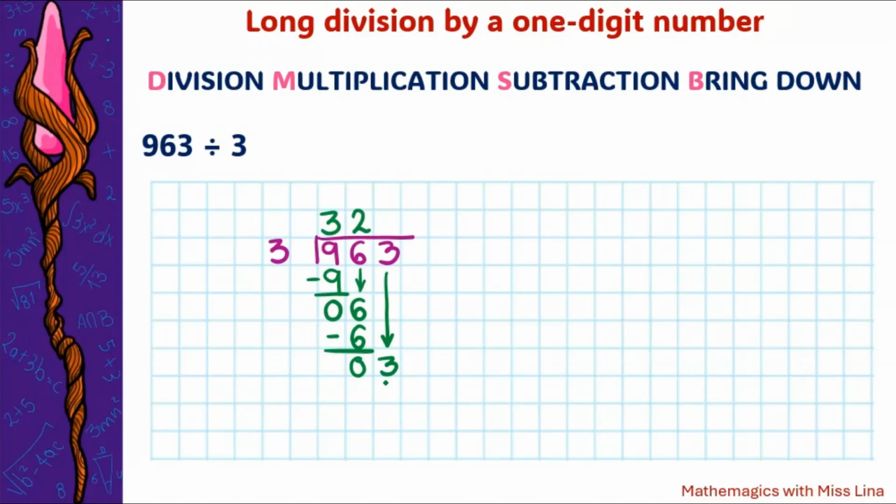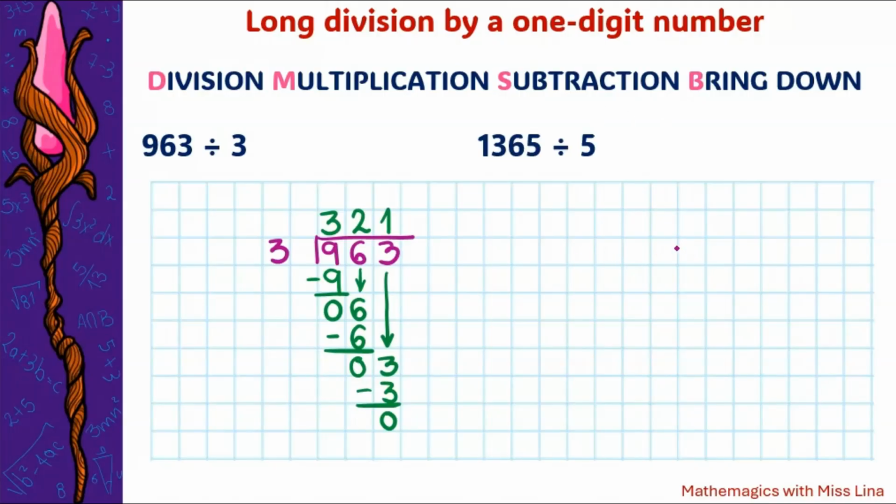Division, 3 divided by 3 is 1. Multiplication, 3 times 1 is 3. Subtraction, 3 minus 3 is 0. And bring down. Since there are no more digits to bring down, the division is done. In this case, there's no remainder. The division is exact.